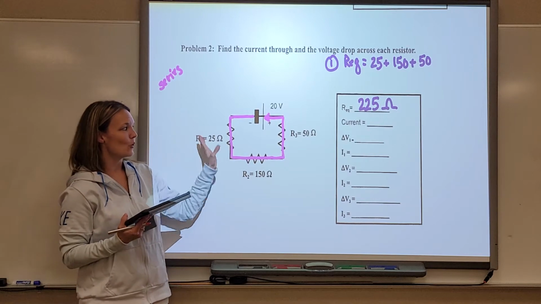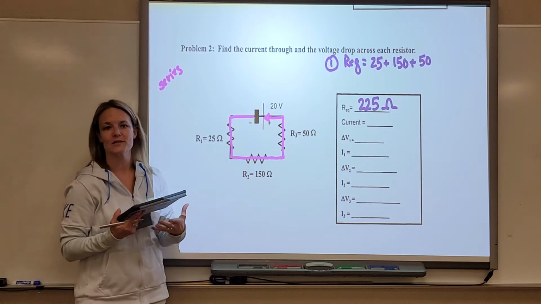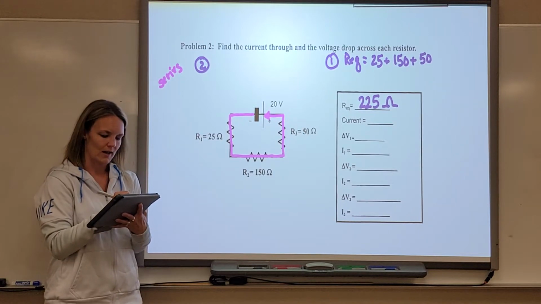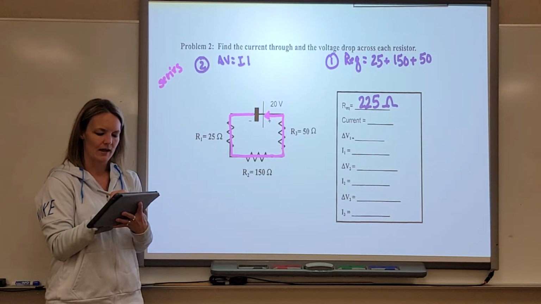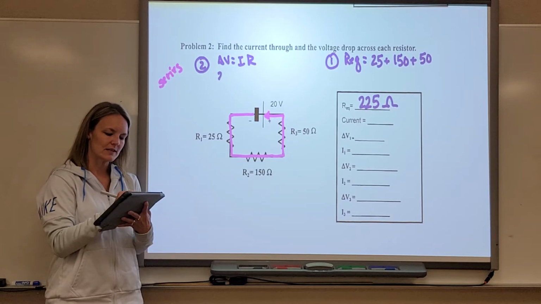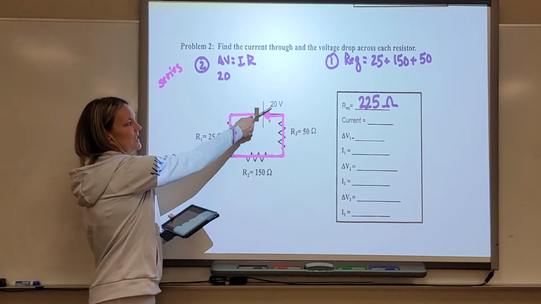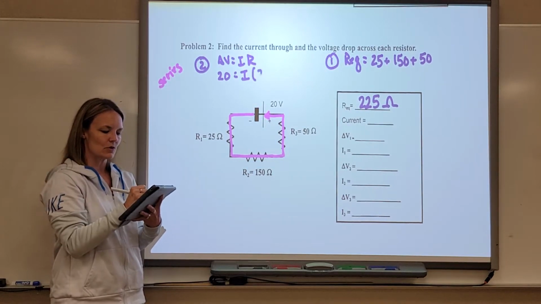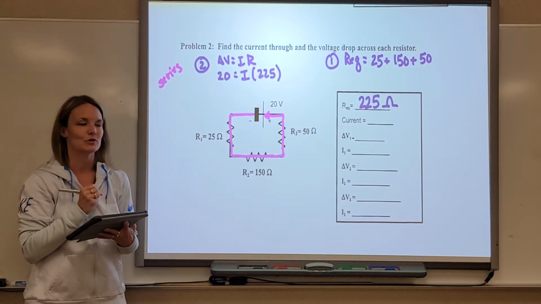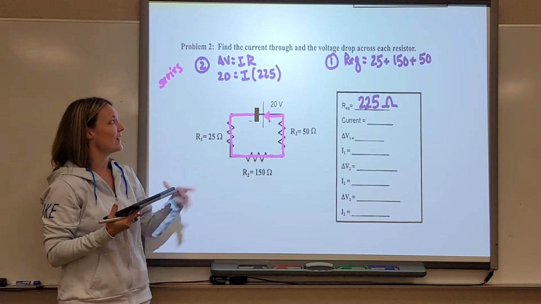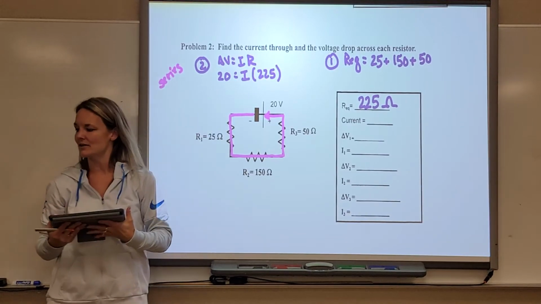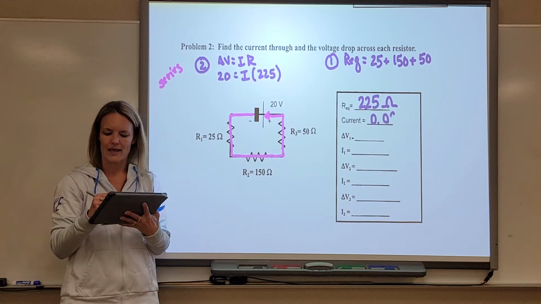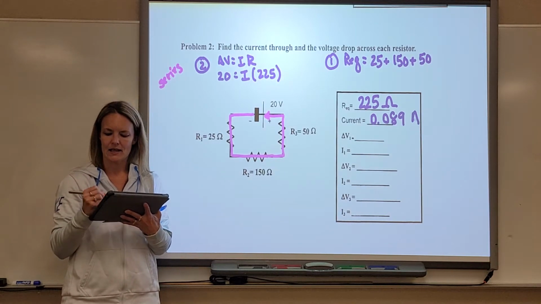Once I know the total resistance along with the voltage of the battery, step 2 is always find the total current. Delta V equals I times R. The voltage of the battery is 20, which equals the total current times the total resistance I just found, 225. If I take 20 and divide it by 225, I get 0.089 amps.